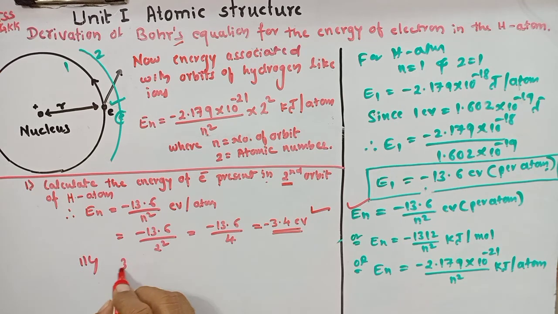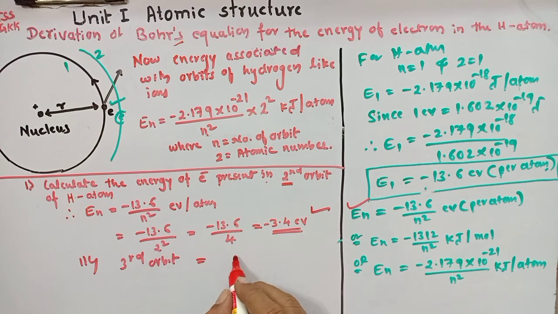Similarly, the energy associated with the third orbit comes out around minus 1.5 electron volt.